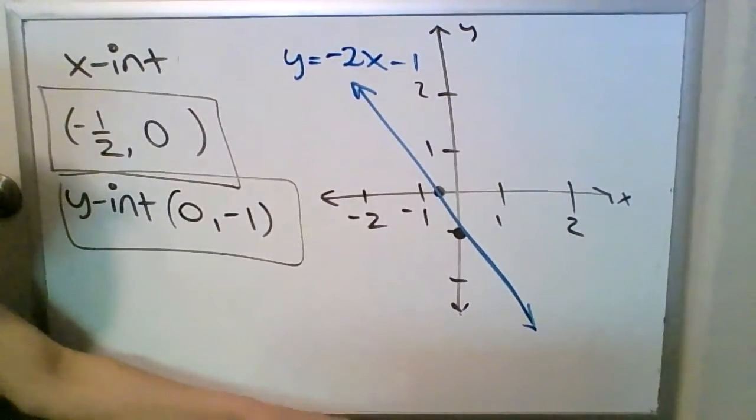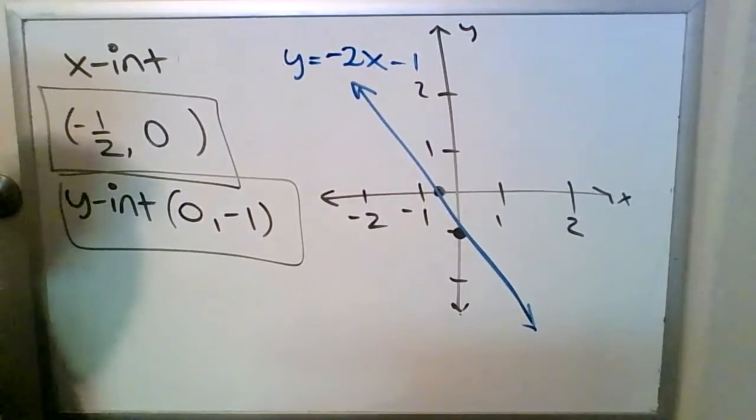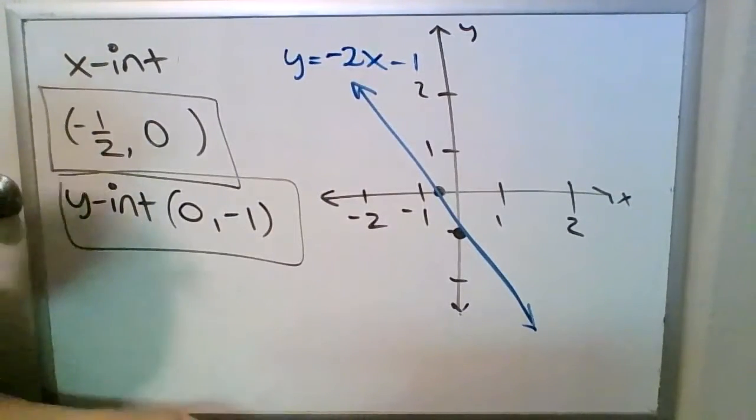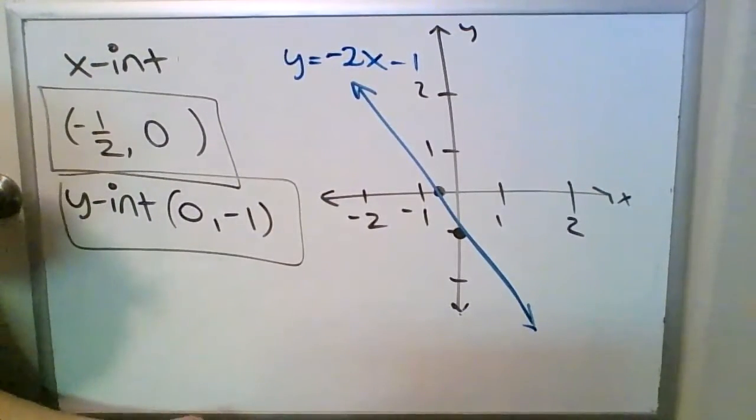I think it'd be good to do one more example about intercepts. So let's just pick a random line.